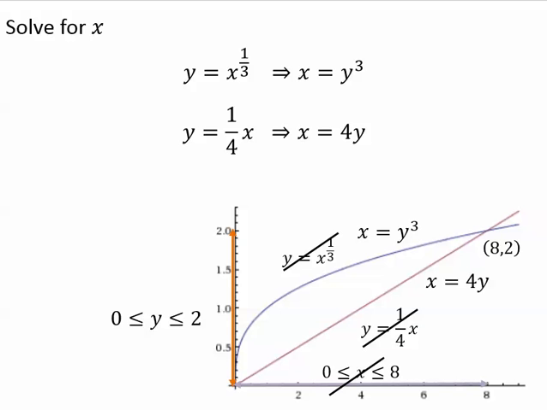So then we rewrite our graph in this way. Instead of x going from 0 to 8, notice that y is going from 0 to 2. And then instead of the functions that we had, we now have new functions, x written as a function of y.